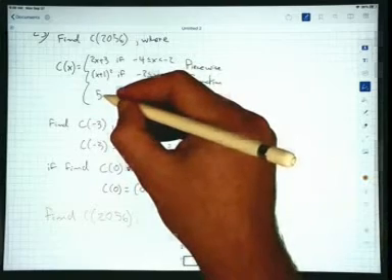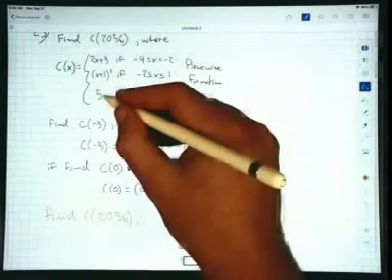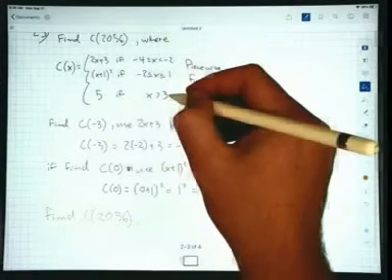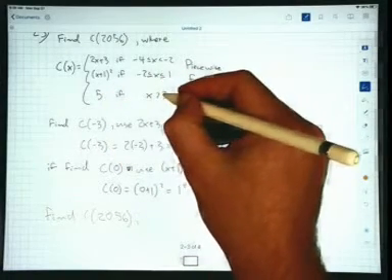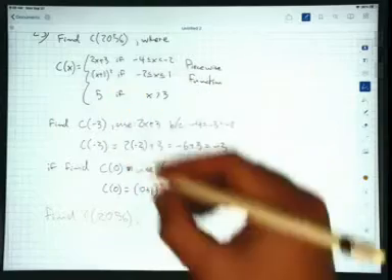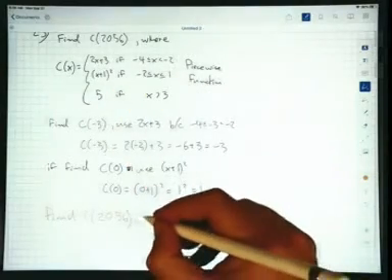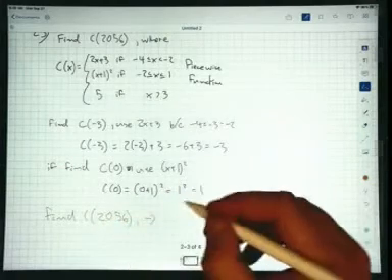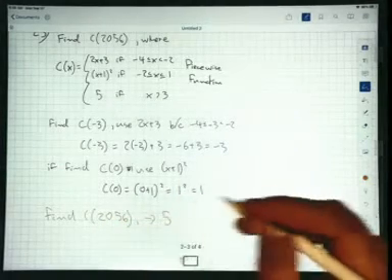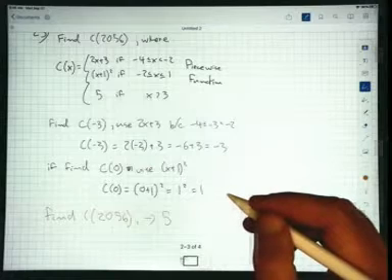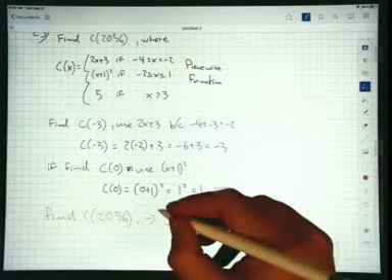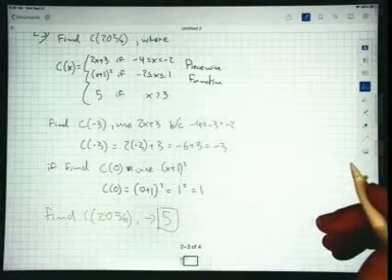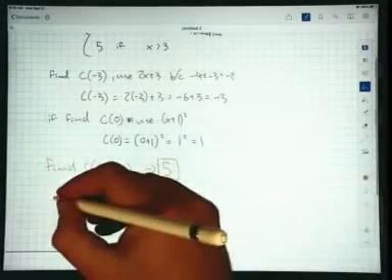This is the output for any value of x that's in this interval. For any x that's greater than 3, the output is 5. So, the output for C at 2056 is 5. And we're done. That's it. That's the answer. It's 5.